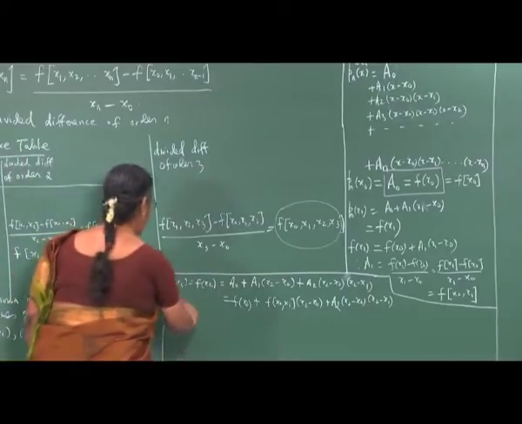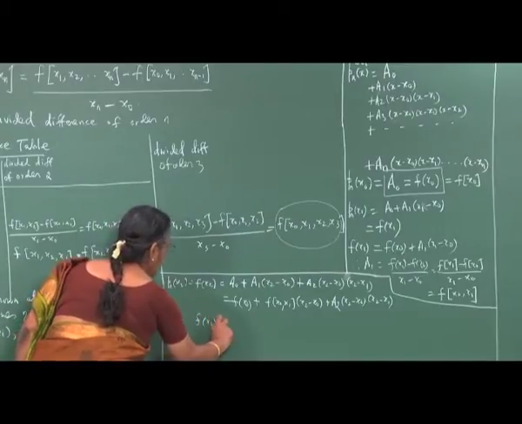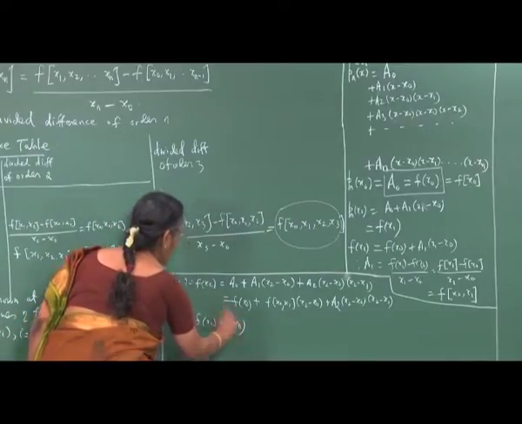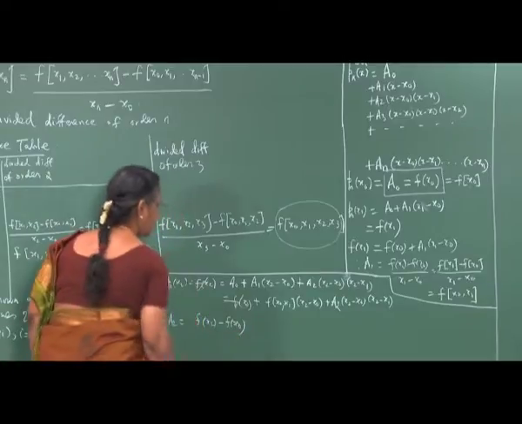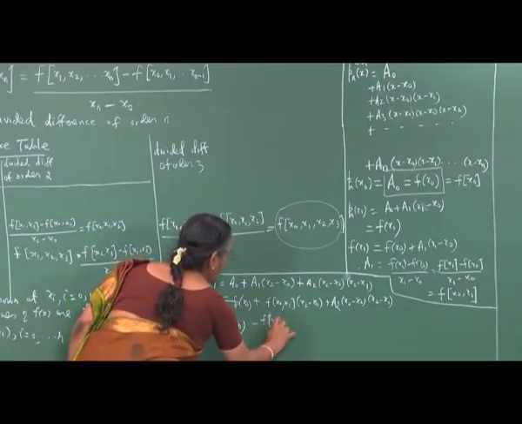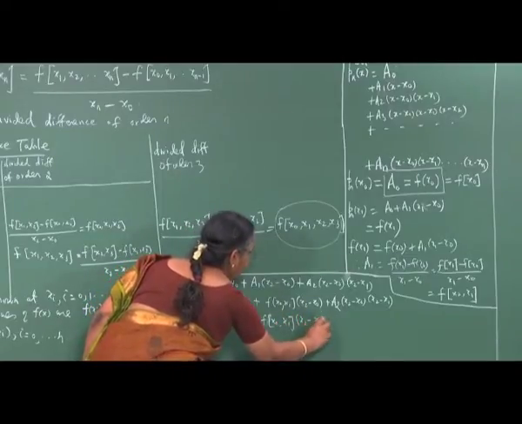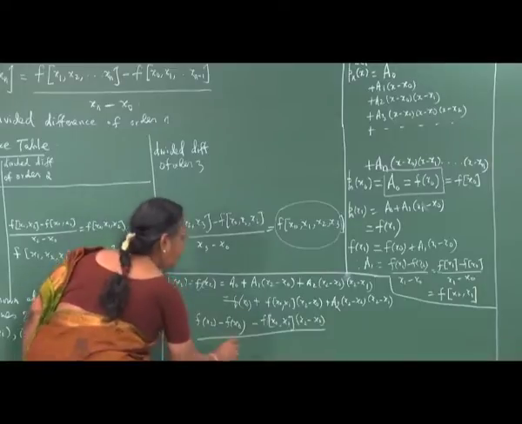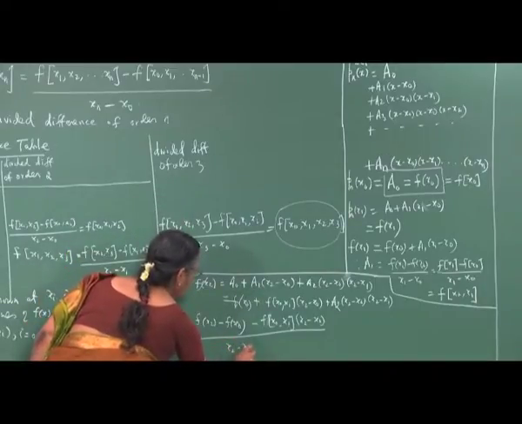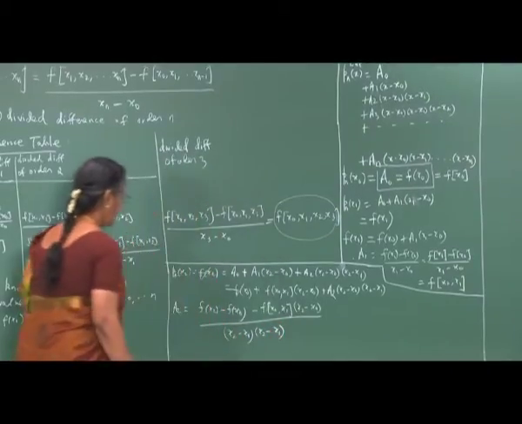We do not know what a2 is and we are trying to determine a2 using this condition. So, from here we obtain a2 as f of x2 minus f of x naught minus f of x naught x1 multiplied by x2 minus x naught, divided by x2 minus x naught into x2 minus x1.